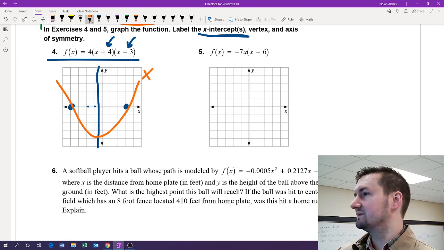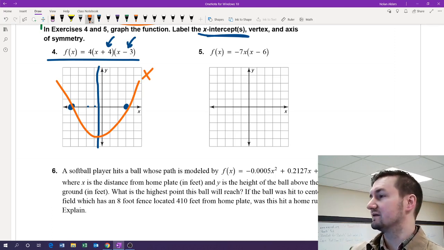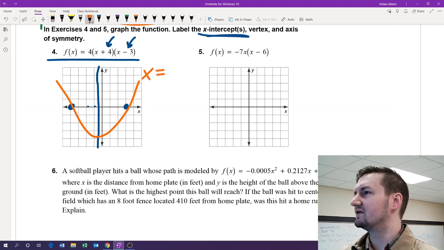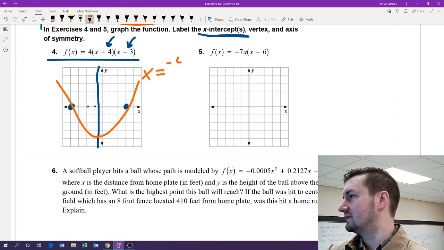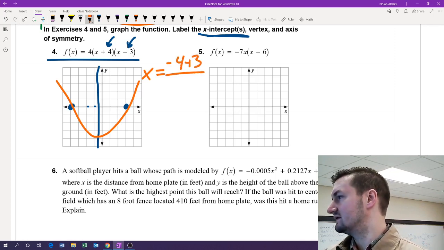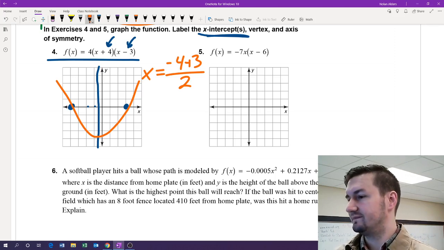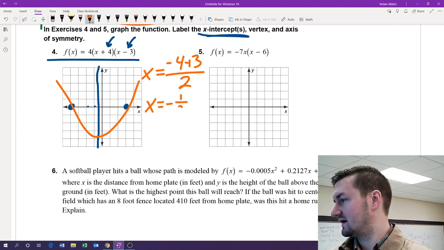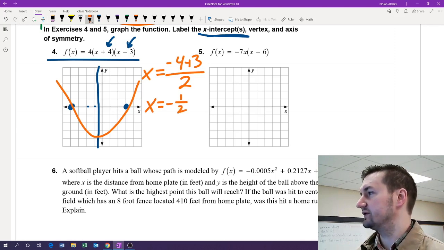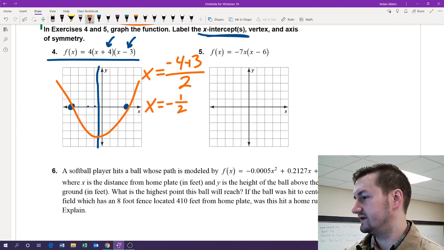The axis of symmetry is just going to be the average of our two intercepts. We had -4 and 3, and we can just divide the sum by 2. So -4 plus 3 is -1, divided by 2 is -1/2.